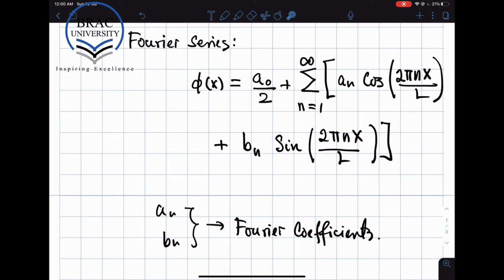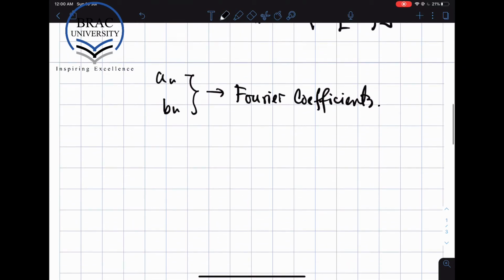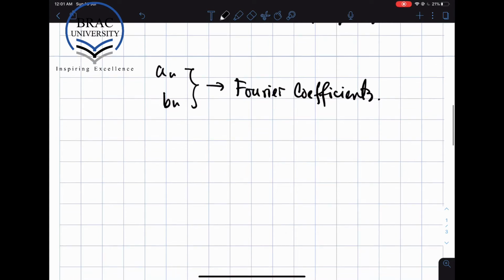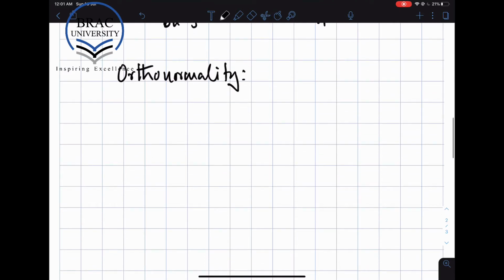We can use some nice properties of sine and cosine functions to express the Fourier coefficients in terms of the function phi. These nice properties are known as orthonormality or orthogonality properties. Let me write that down. These properties are very easy to show.